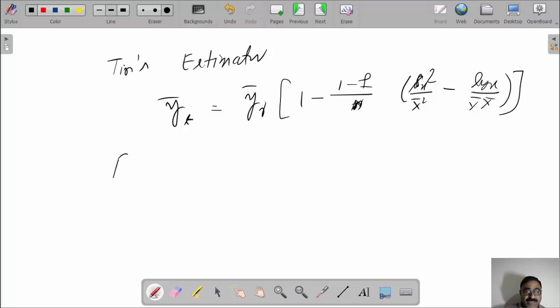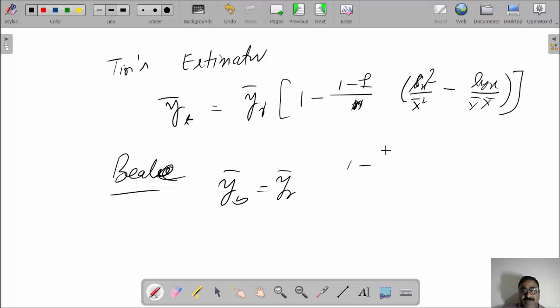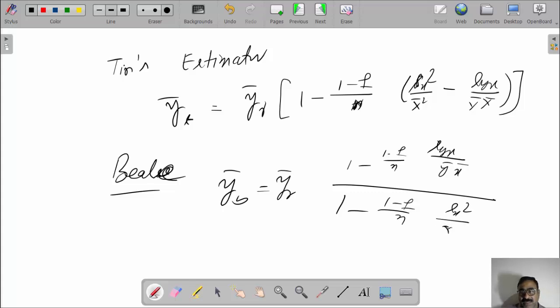And also Beale's estimator y_B bar equals y_R bar 1 minus f by n Syx by y bar x bar divided by 1 minus f by n Sx square by x bar square.